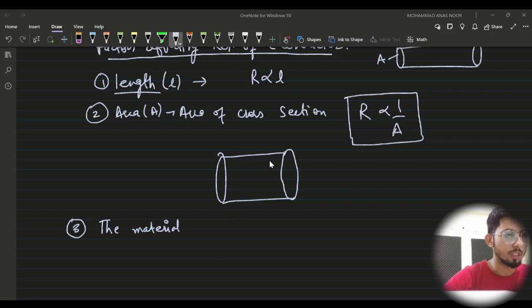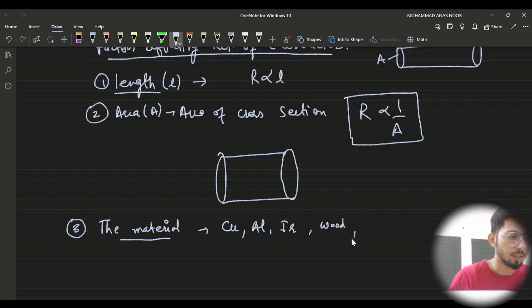So the nature of the material of a resistance: for example, copper wire would have a different resistance, aluminium would have a different one, iron would have a different resistance, and if you go beyond, wood would have an altogether different one, because that's an insulator. So the third thing is the material.